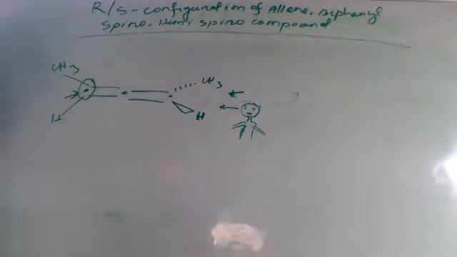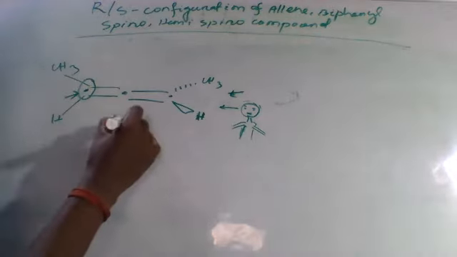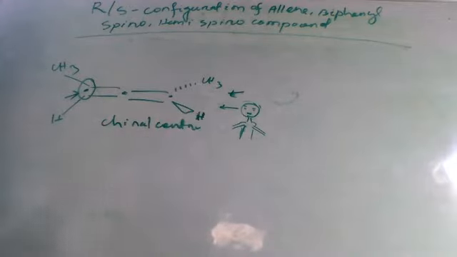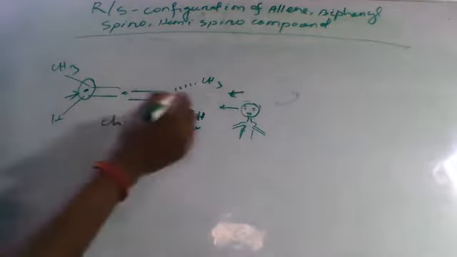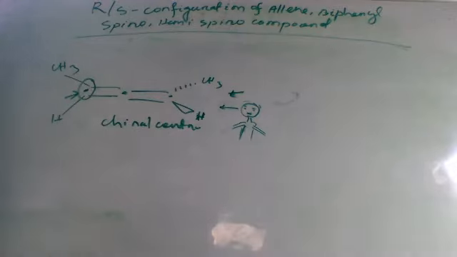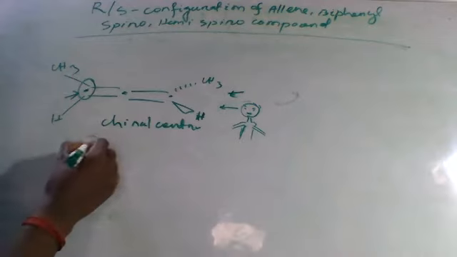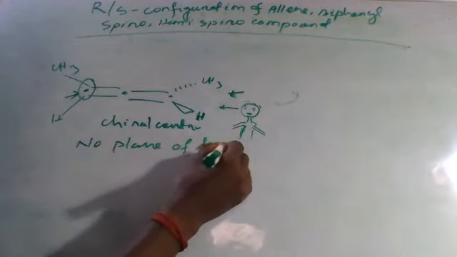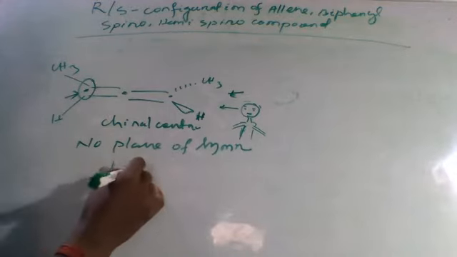Hence, this is a chiral center, and no plane which passes through this molecule can divide it into two equal halves. Hence, it has no plane of symmetry, hence it is chiral.